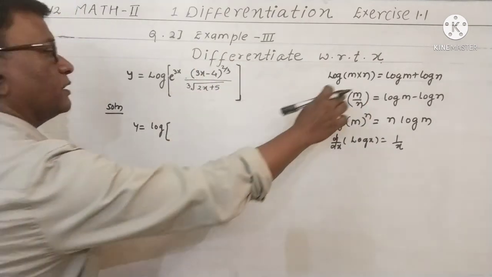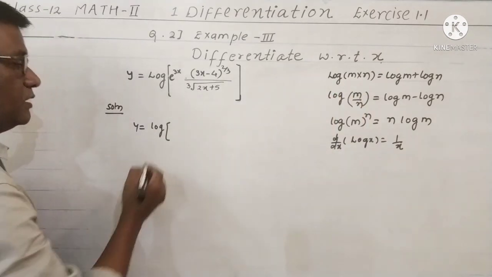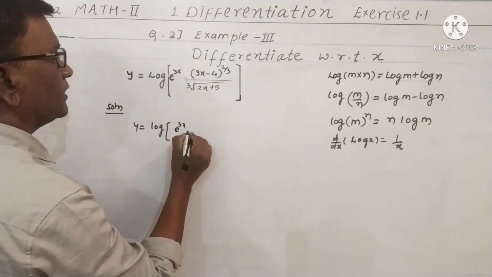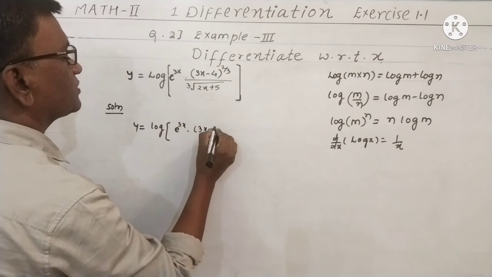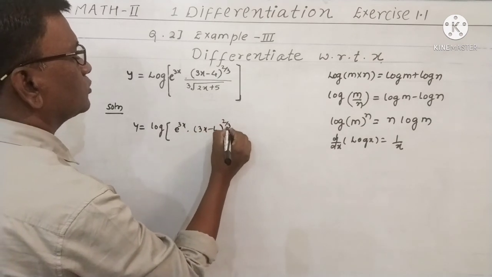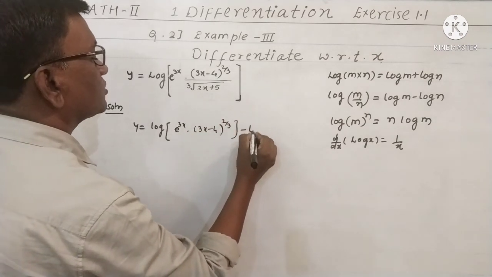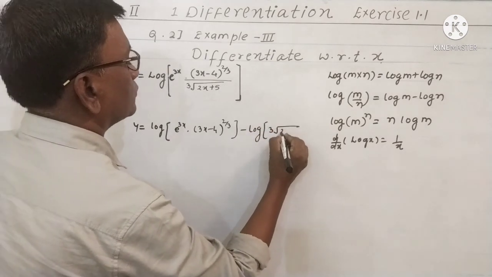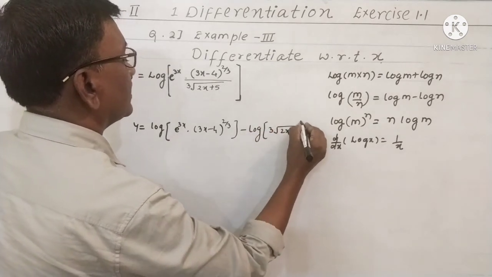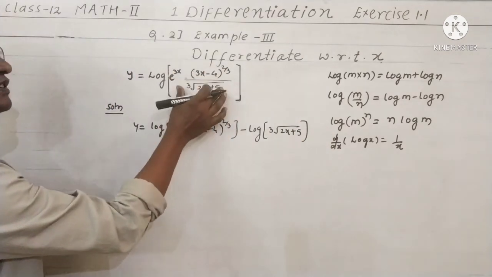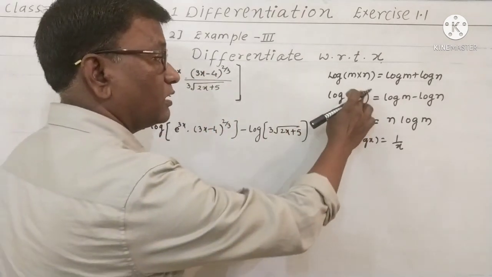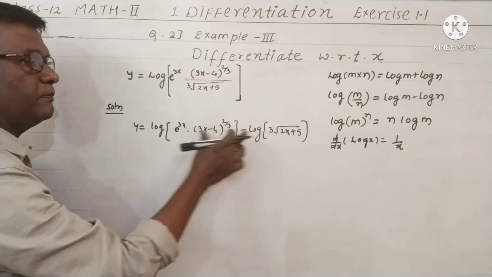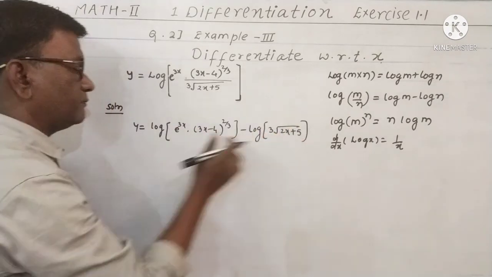So first you apply formula m by n. Means log of e raised to 3x into (3x minus 4) raised to 2 by 3 minus log of cube root of 2x plus 5. See here, this is m, this is n. We can apply formula log m by n, so we apply here log m minus log n.